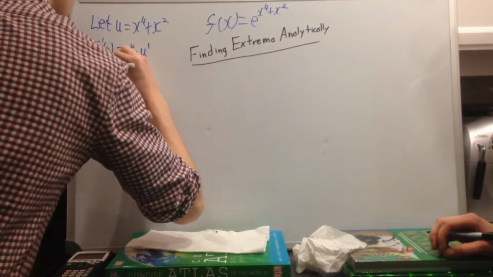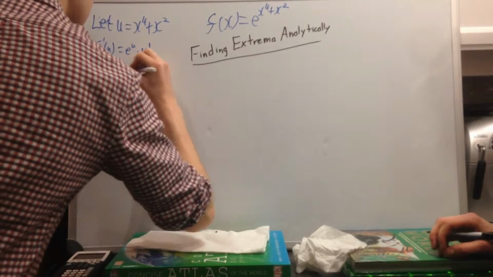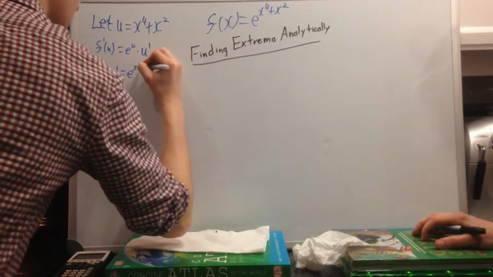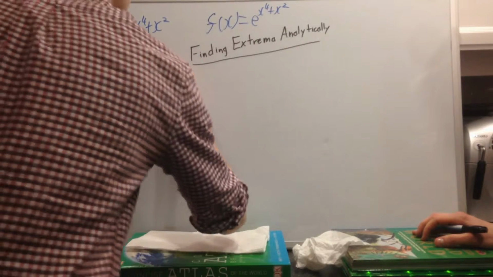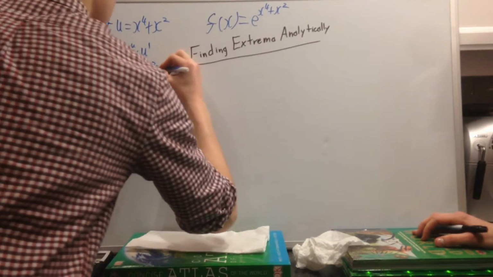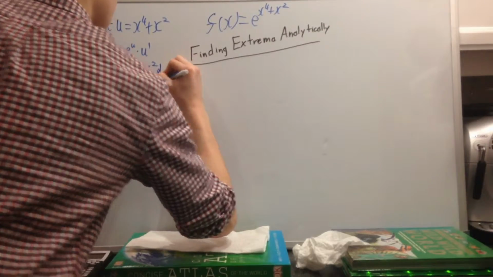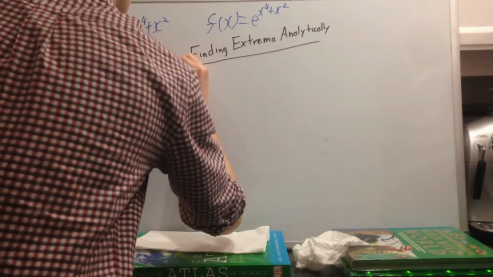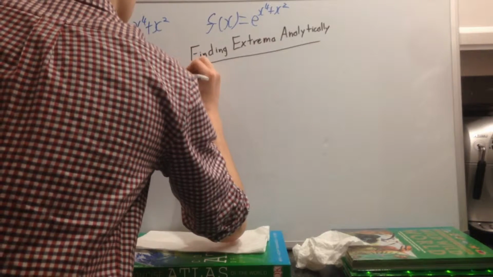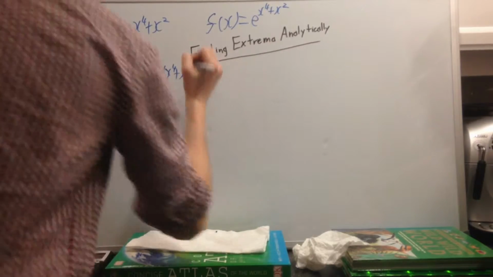F prime of x equals e to the x to the 4 plus x squared times the derivative with respect to x of x to the 4 plus x squared.